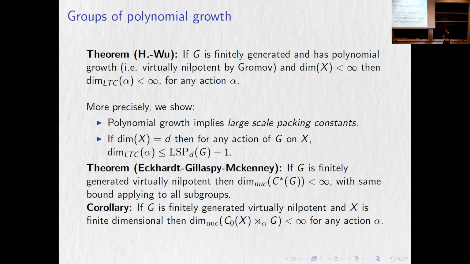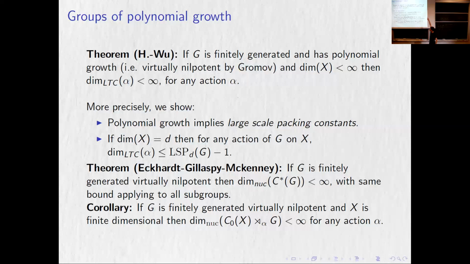Now the second condition we need is this thing about point stabilizers. But here we can use this theorem of Eckhart, Gillespie, and McKinney. They showed that the group C star algebra of a finitely generated virtually nilpotent group has finite nuclear dimension with the same bound on all subgroups.